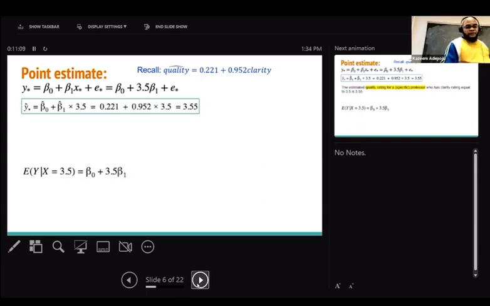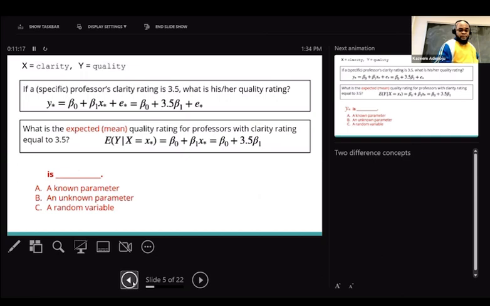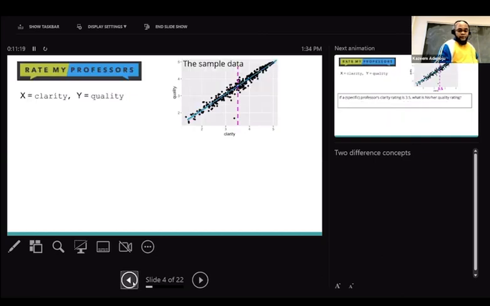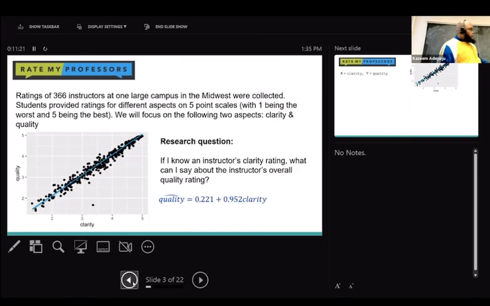The other time, we've already obtained the beta naught and beta 1, right? I showed you from the beginning. We've obtained the beta naught to be 0.221, right? We've also obtained the beta 1 to be that, right? Whether I'm talking about individual one or the average one, I'm actually going to get the same result for the point estimate.